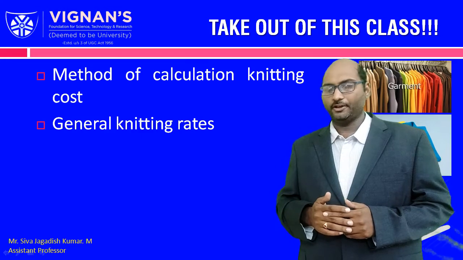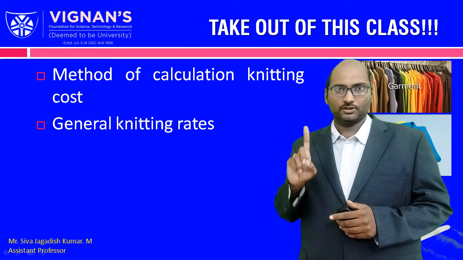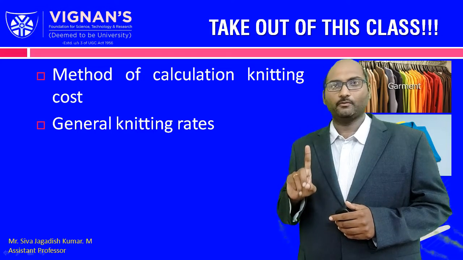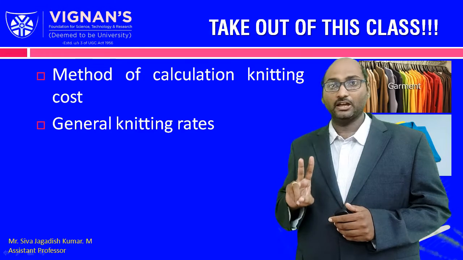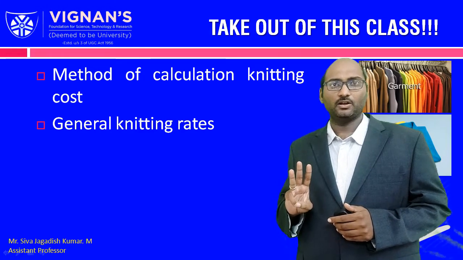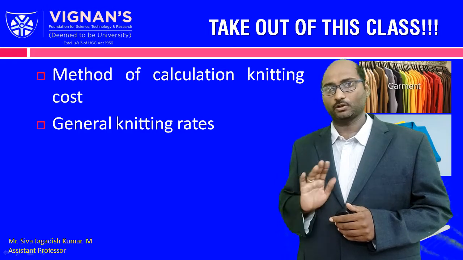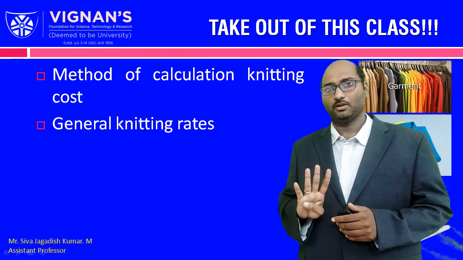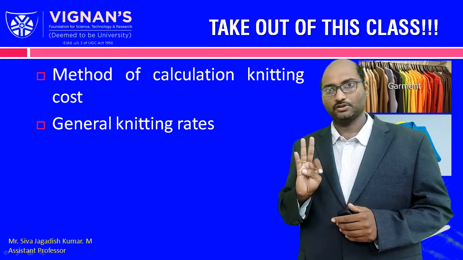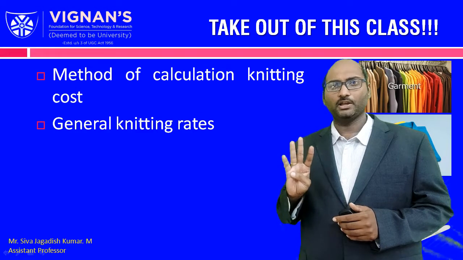So the knitting rate basically depends upon the structure, whether it requires elastane or not, whether it is a grey fabric or single color or multiple colors, and whether it is a feeder striper or auto striper. Okay, so these are the four factors. One is the structure: single jersey, double jersey, that may be rib, interlock, pique or fleece.